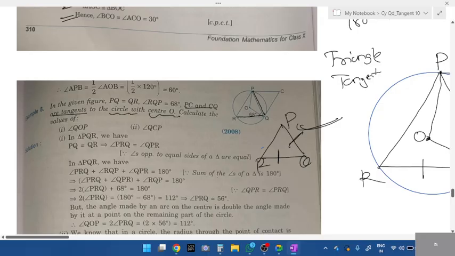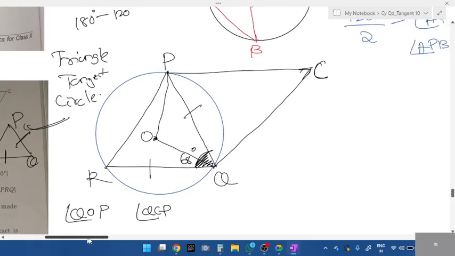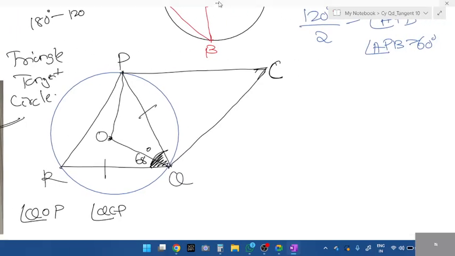Circle with center. Three diagrams together. So in 10th standard, all three we mix together and study. In 8th and ninth, you were studying only triangles and circles. First question, QOP. Second question, QCP. In the textbook, it is too lengthy. We'll try this question.